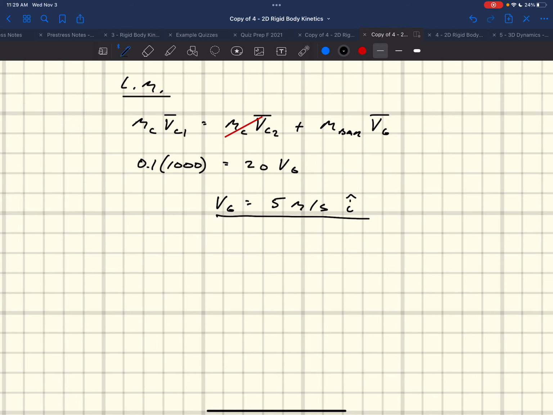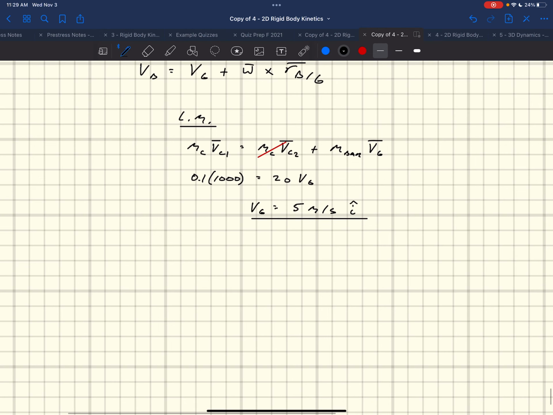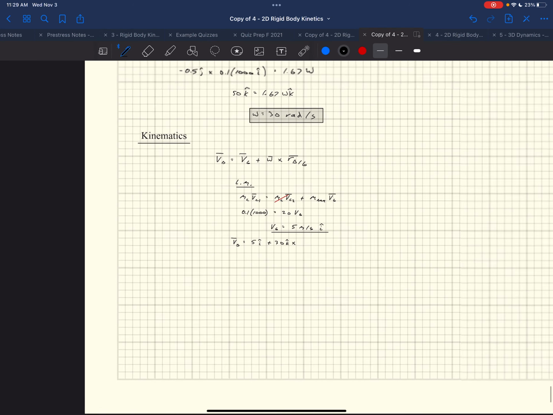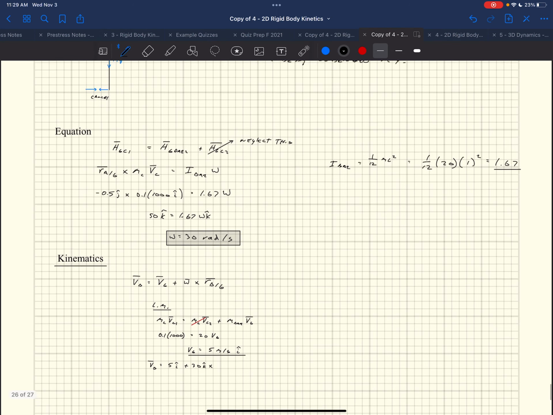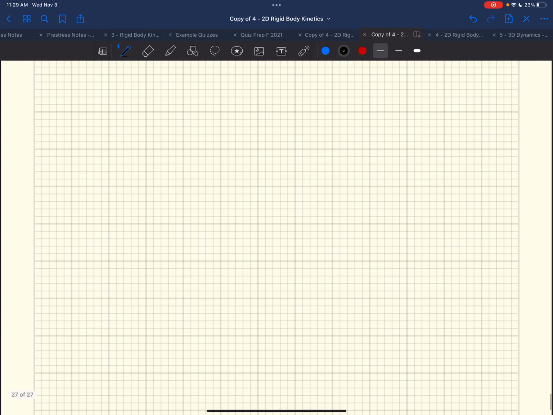Okay, so now I take that VG and I plug it in up there. And so we say VB is equal to 5 i plus omega we solved for, which is 30 k, crossed with RB as seen from G, which is 0.5 j.